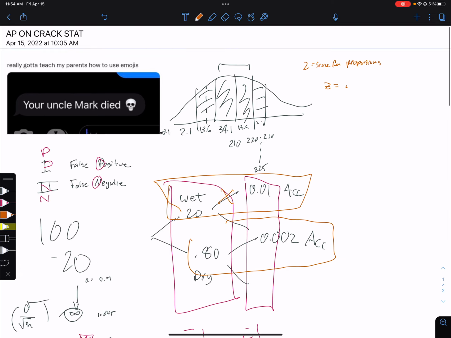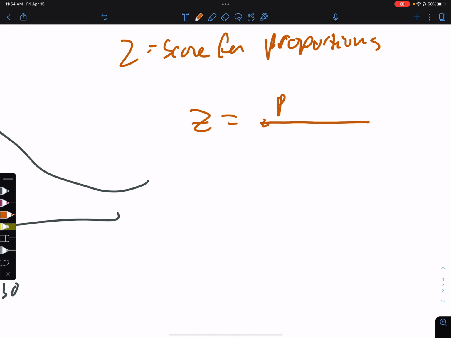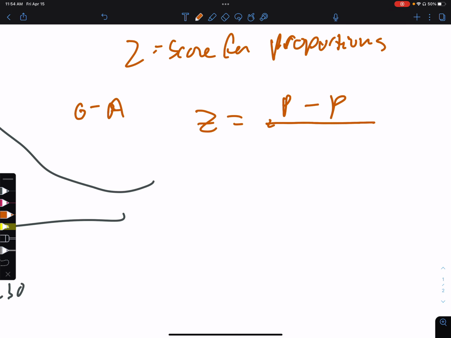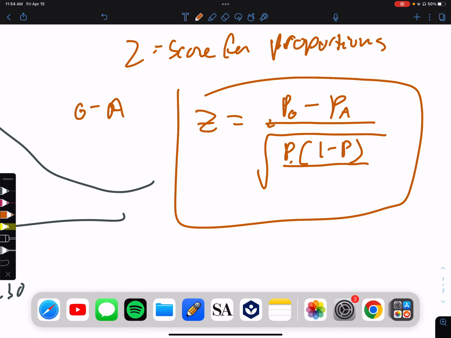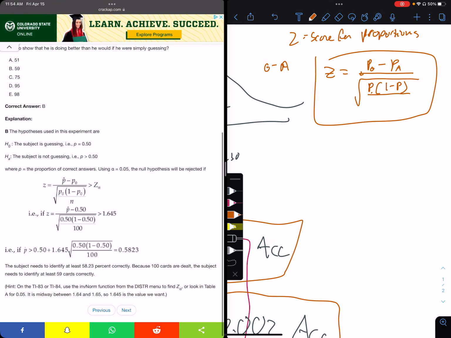So it goes, because it's technically given minus actual. So whatever proportion they give minus the actual, and then we have p times 1 minus p over n. This is on the formula sheet, so I don't really need to memorize that part. But z-score is pretty much this.